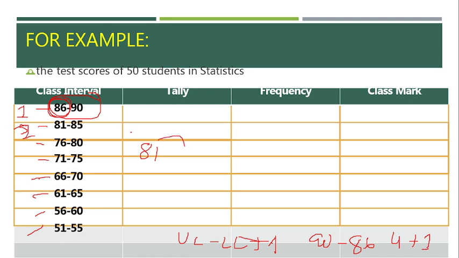You have 82, 83, 84, 85, 86. What are those? 1, 2, 3, 4, 5. So there are 5 values. That's why we are referring also to the width of your class. You have given the formula of upper limit minus lower limit plus 1. Later, I'm going to show what's the upper limit minus lower limit.